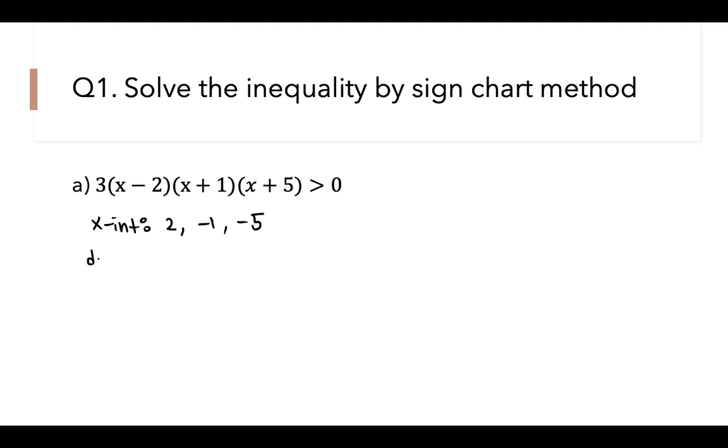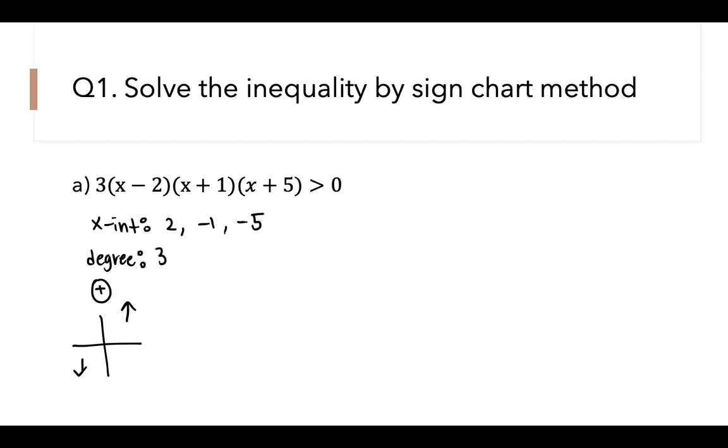The degree of this expression is 1 plus 1 plus 1, so it's degree 3. The leading coefficient is positive, right? If you were to expand it, the leading term is going to be 3x cubed. So we know the end behavior of this graph is going to be this way and this way.